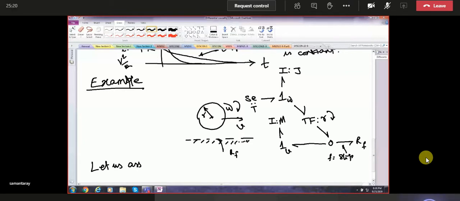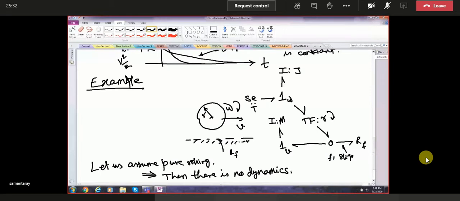If you assume pure rolling, then there is no dynamics. When the angular velocity or linear velocity is accelerating or decelerating, then you cannot have pure rolling. So when you have pure rolling, everything is constant speed. Constant speed means no dynamics.